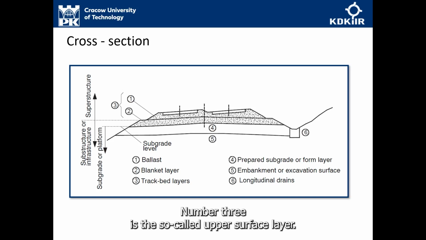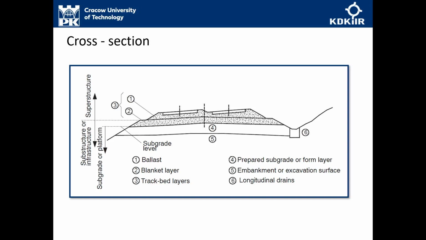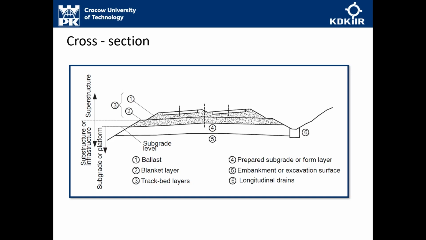Number 3 is the so-called upper surface layer, while numbers 4 and 5 are layers related to the subgrade. The subgrade itself, and either the cutting or the embankment. Element number 6 is the longitudinal drainage of the track. This can be done in the form of surface ditches or deep drainage.